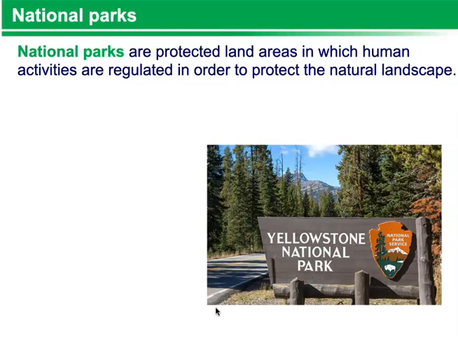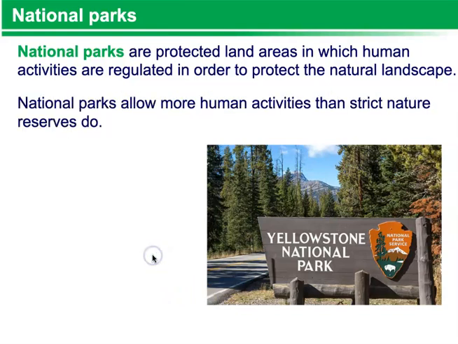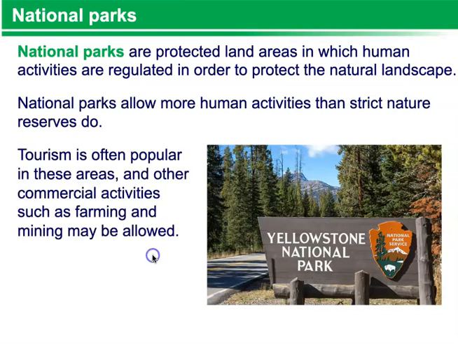Our national parks. National parks are protected land areas in which human activities are regulated in order to protect the natural landscape. National parks allow more human activities than strict nature reserves do. Oftentimes, tourism is really popular in these areas.